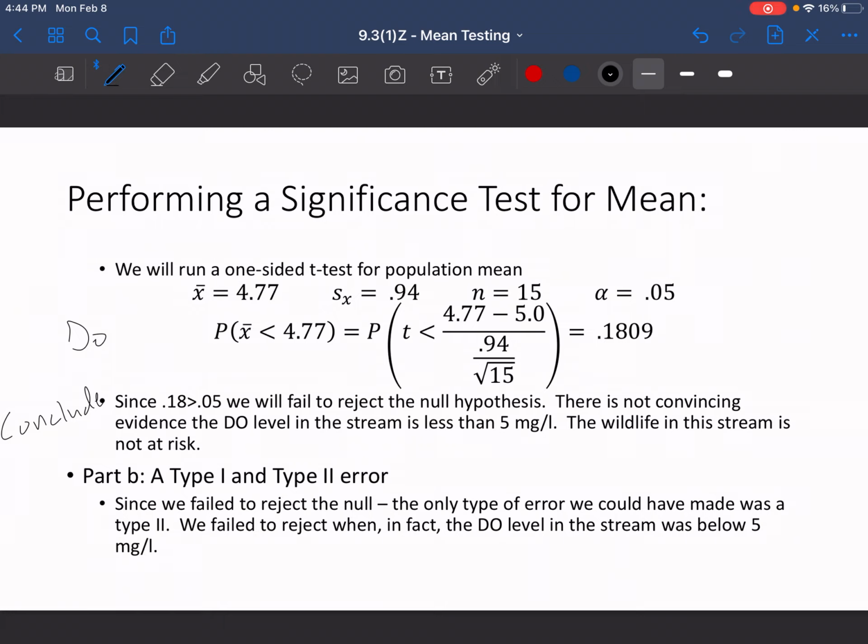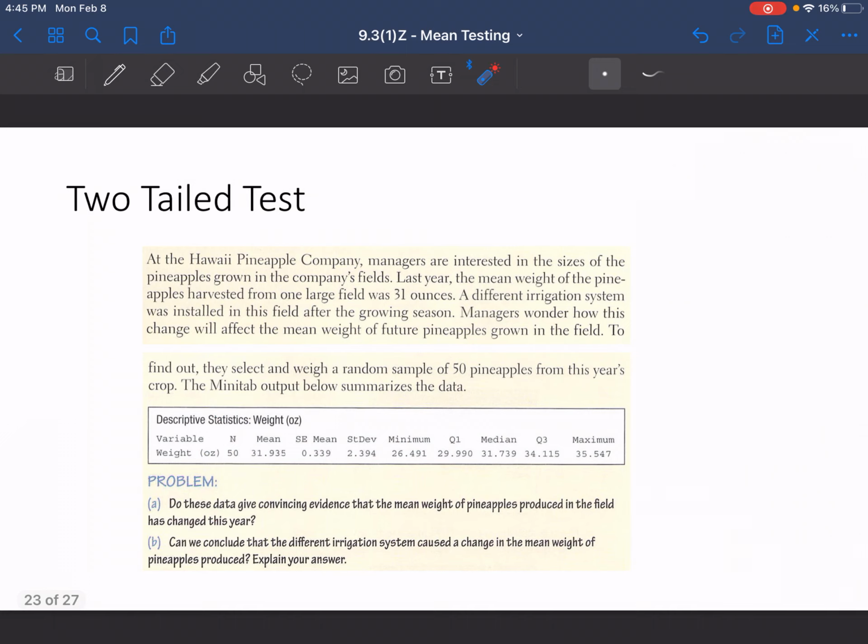So we failed to reject when in fact the DO level in the stream was below 5 milligrams per liter. That would have been the only consequence of failing to reject that null hypothesis, if we were actually wrong and the DO level in the stream was really below 5 milligrams per liter.